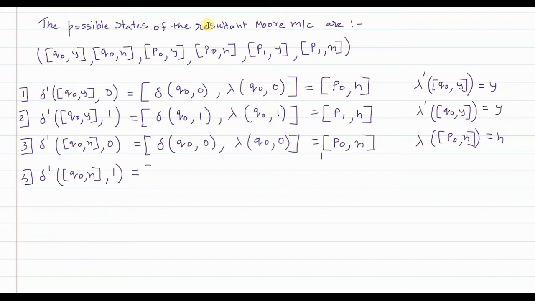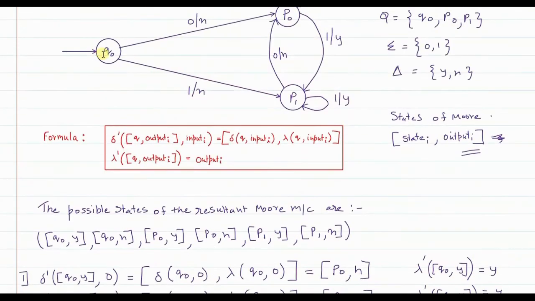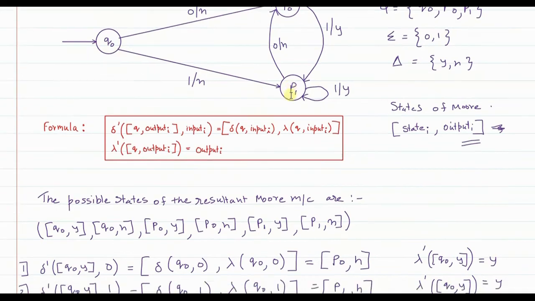Fine. Now for the next one we'll write here δ of Q0 comma input, that is 1, comma λ of the state Q0 comma input 1. So this can be written as, what is the transition of Q0 on 1? Q0 on reading 1 goes to P1.